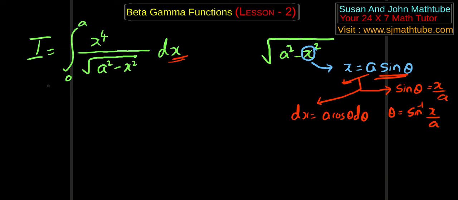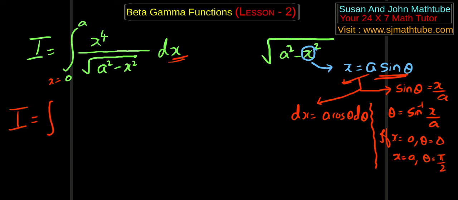And here the lower limit is 0, upper limit is a. So I am going to write like this. If x is equal to 0, theta will be sine inverse 0, that is 0. If x is equal to a, theta will be sine inverse a by a. a by a is going to give me 1, and that is theta is equal to 90 degree.